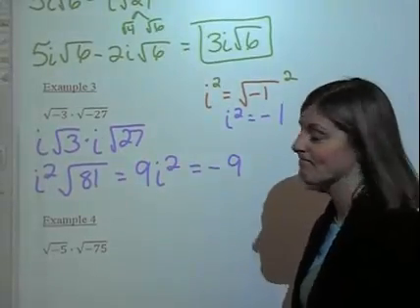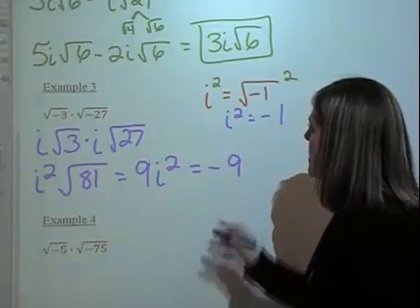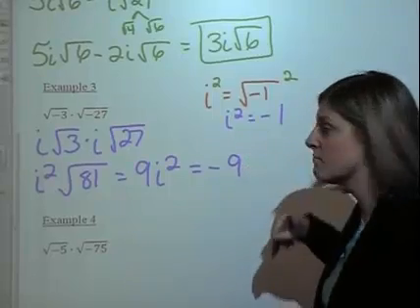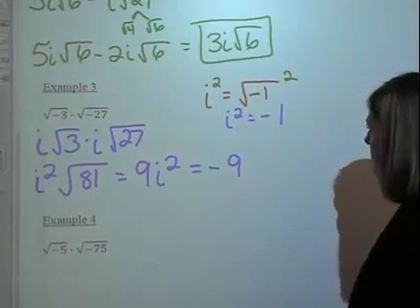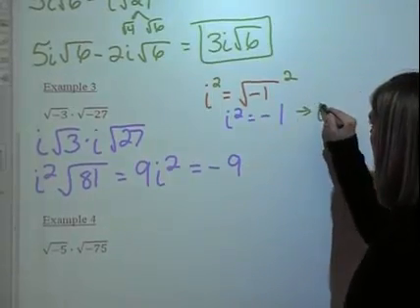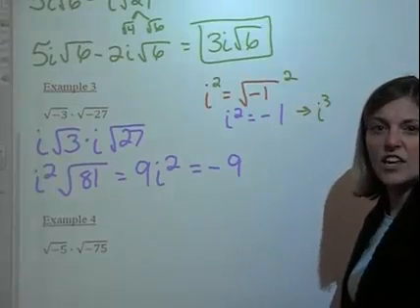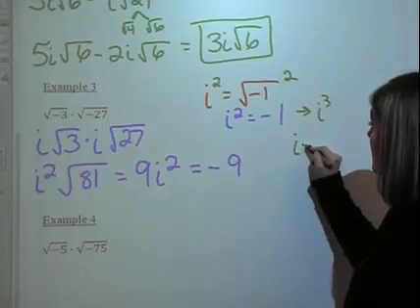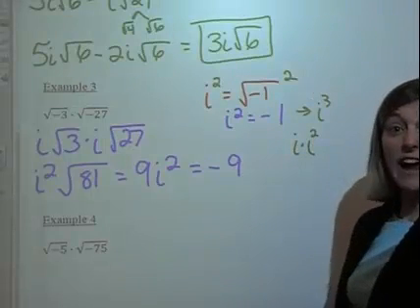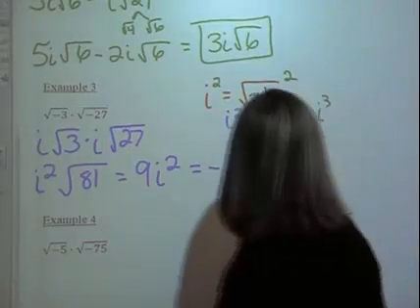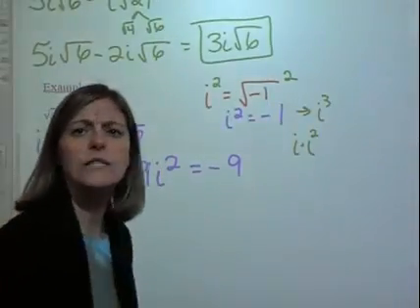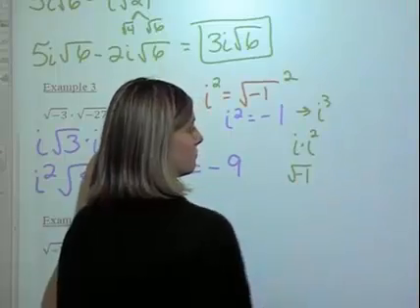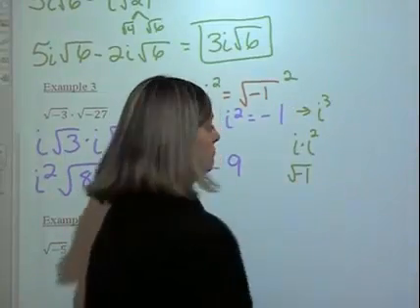-9. Now, if i squared is -1, what do you think i cubed is? Well, it's the same thing as i times i squared. I times i squared, well, what was i squared?